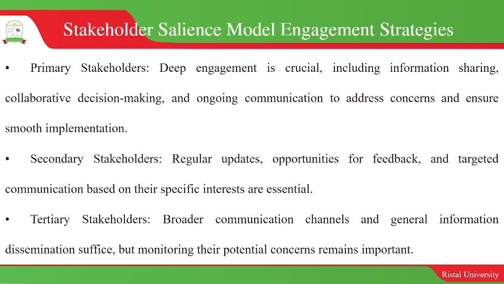Ongoing communication with them, collaborating together in decision making, and sharing information is very important. For the secondary stakeholders, you keep them updated and you give them opportunities to give you feedback. You can use targeted communication based on their interest.